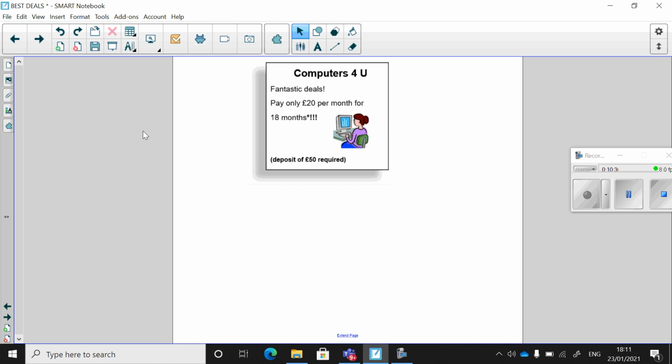Last one, Computers for You. There is a deposit required here, but initially there's 18 months required at £20 per month. Yep, 18 months at £20 per month, that's fine. So let's work that out. 360, and oh, don't forget the deposit, £50.